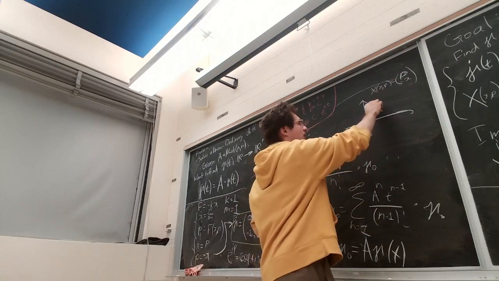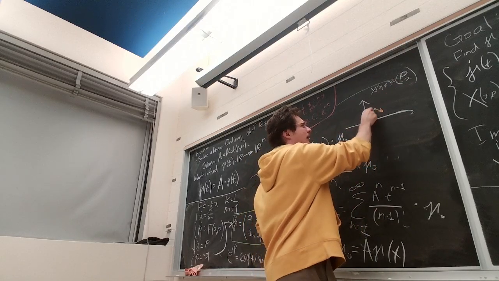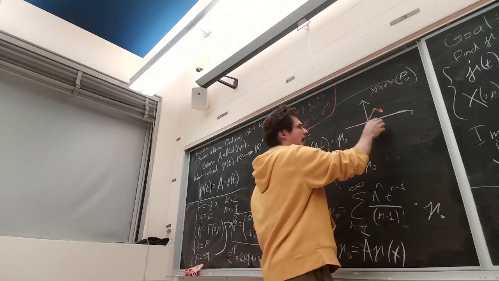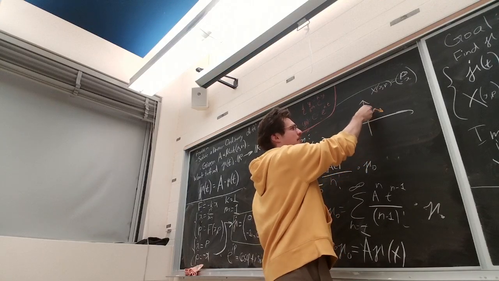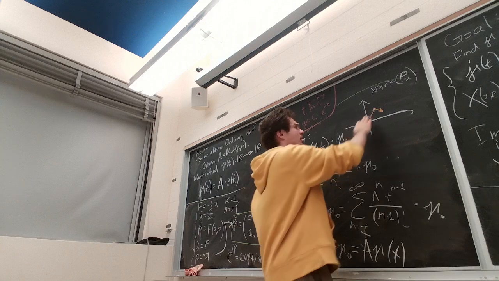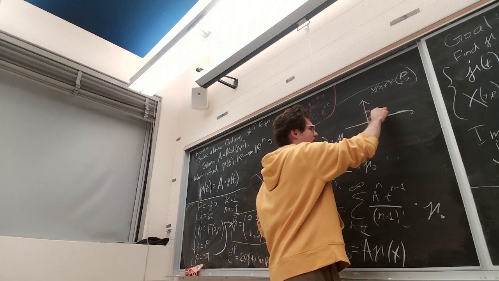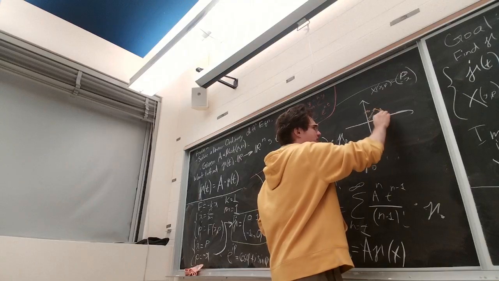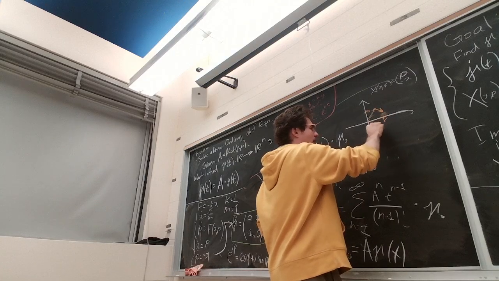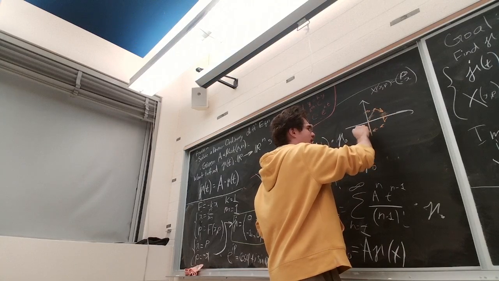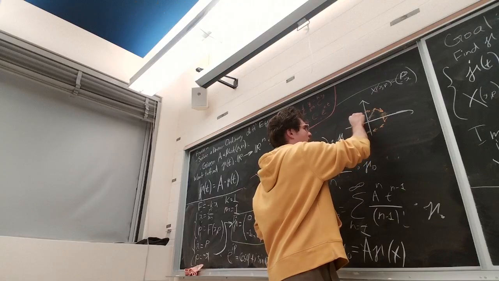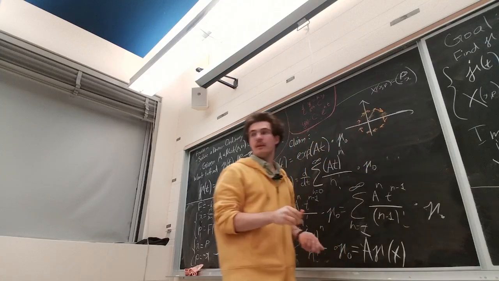So I know that this vector has to always be perpendicular to the radius vector, and it also always has to have the same magnitude as the radius vector. Okay? So if I look at this carefully, I'll realize that the vector field is this kind of circular one. Do you agree?